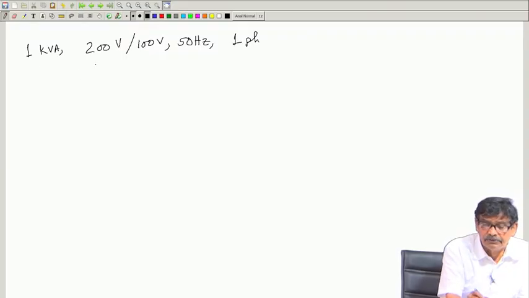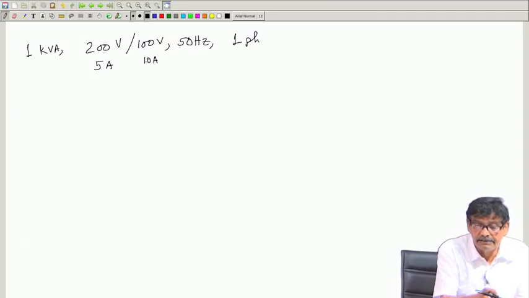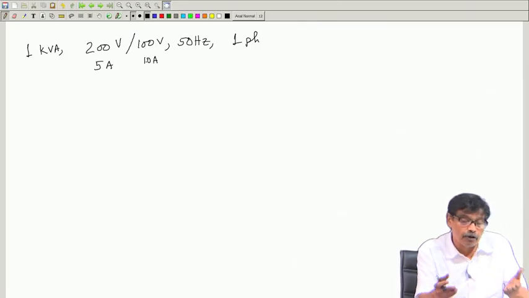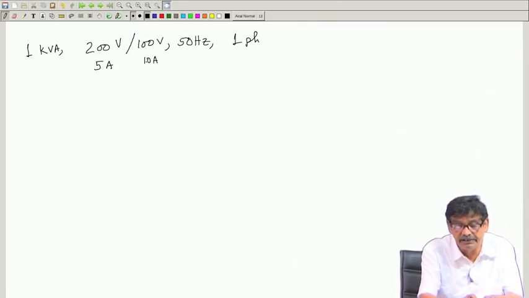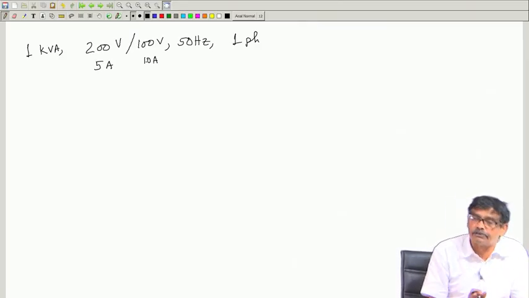And as I told you, the rated current of this side is 5 ampere and this side is 10 ampere. These numbers you can easily calculate straight away. Once a problem is given, be ready with these numbers, what are the rated currents of these two sides.